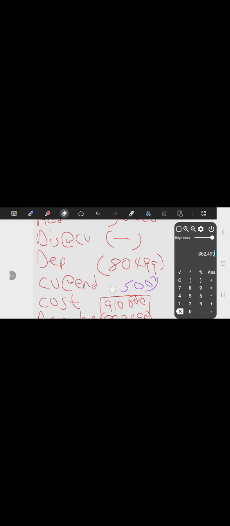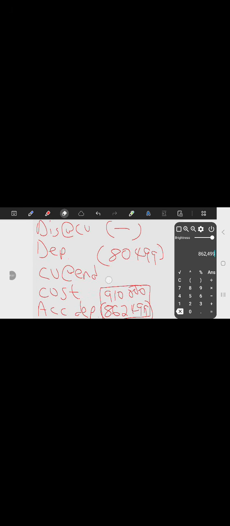Which is also going to affect your carrying value at the end. Now your carrying value at the end is going to be cost at the end minus accumulated depreciation at the end, which is 910,000 minus 862,499, and you now get your 47,501.